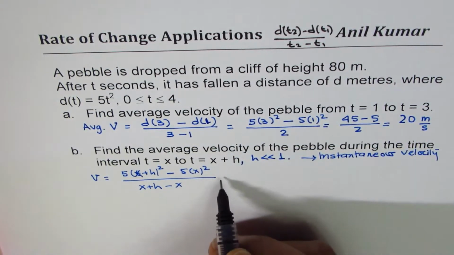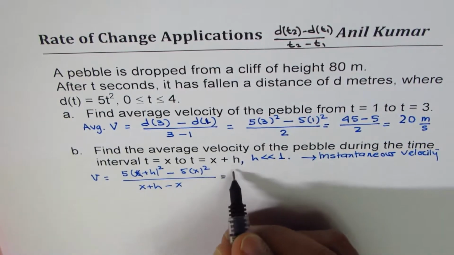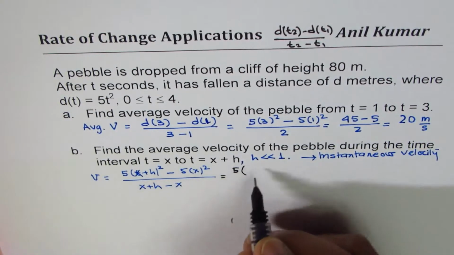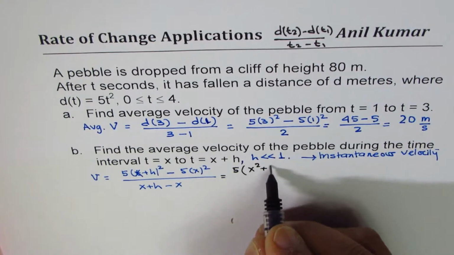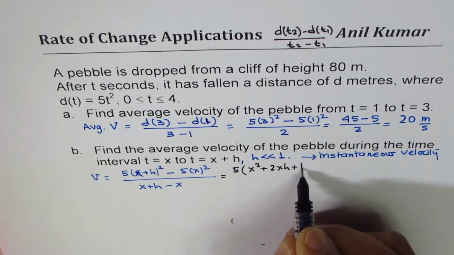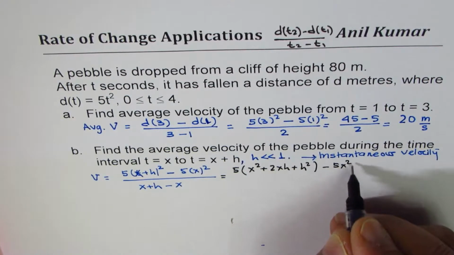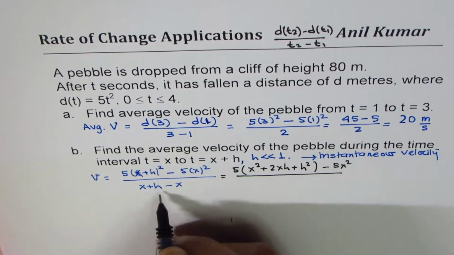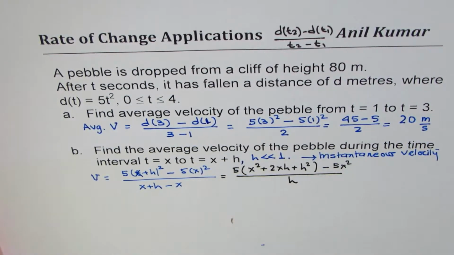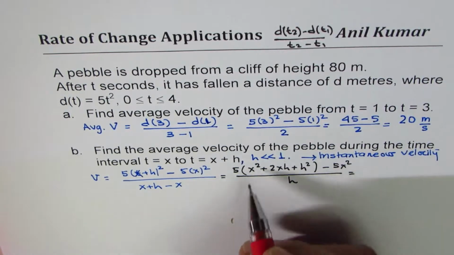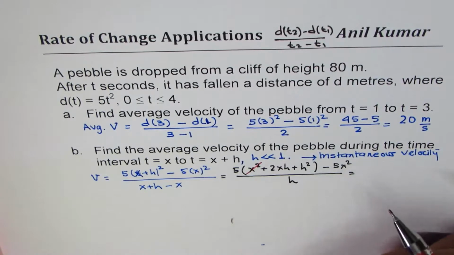Okay. So let's expand. It is 5 times x squared plus 2xh plus h squared minus 5x squared over h. Now, if you expand this, 5x squared and 5x squared cancel. Is it okay?